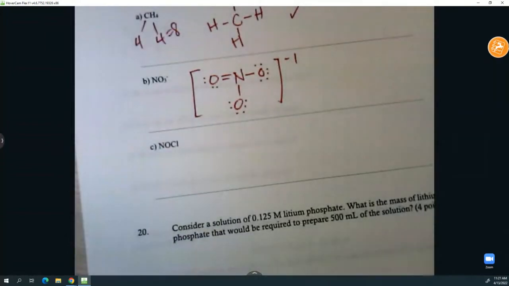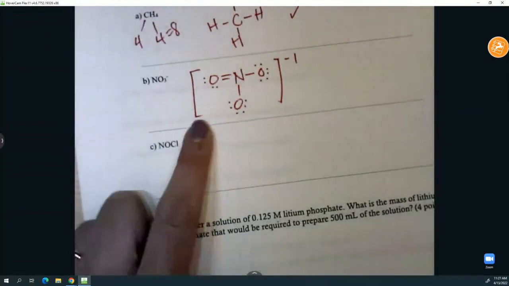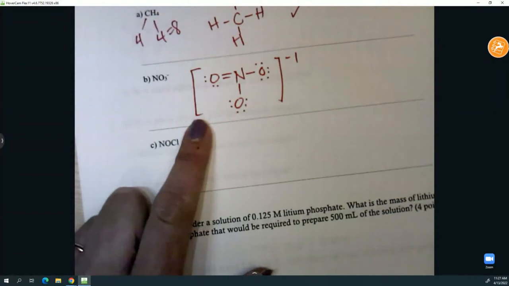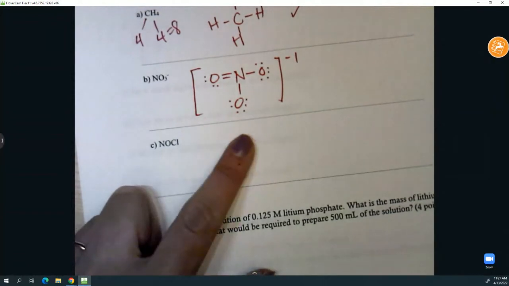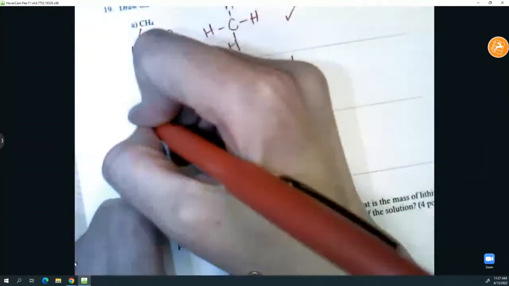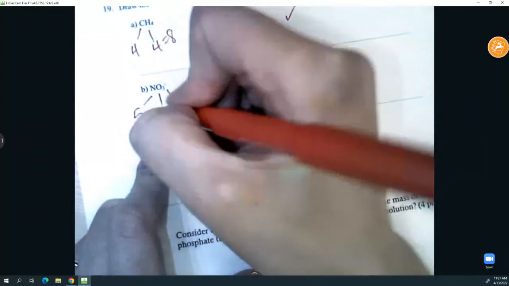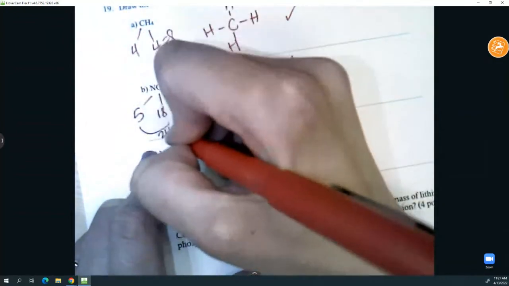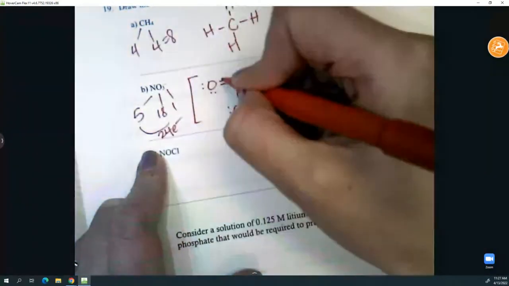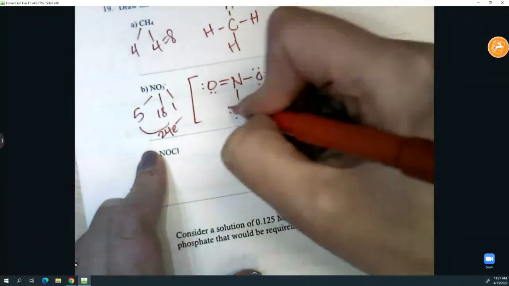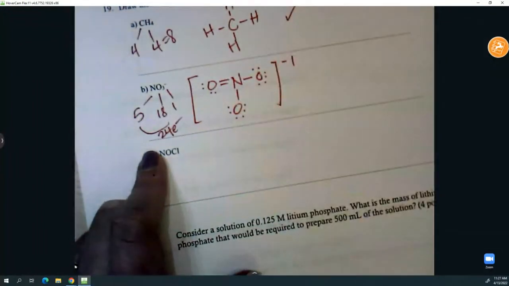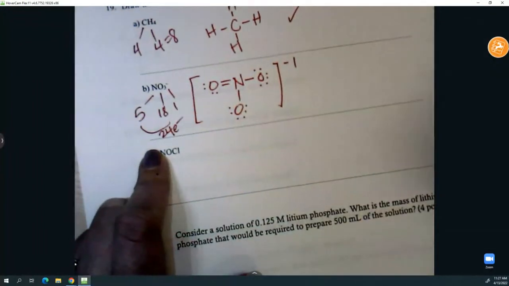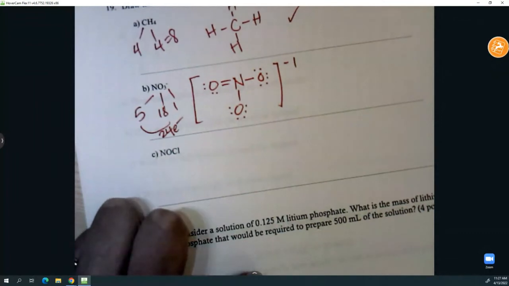But the things that you want to check, if you thought this was right but you weren't sure: do I have the right total number of electrons, which would be 5, 18, and 1 extra, so 24? 2, 4, 6, 8, 10, 12, 14, 16, 18, 20, 22, 24. And does everything have a complete octet, which it does.